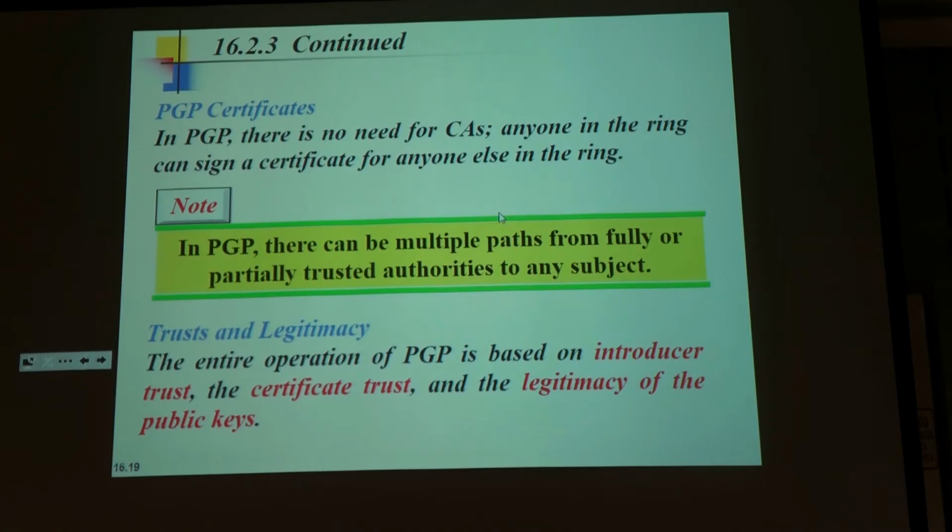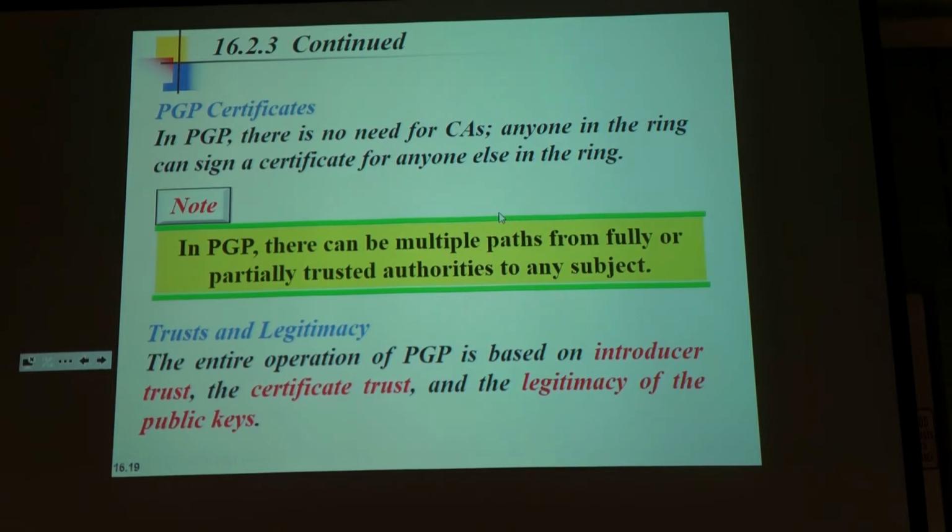Even in real life, we cannot fully trust everyone that we know. So to solve this problem, PGP allows different levels of trust. The number of levels is mostly implementation dependent. Microsoft uses a different PGP than Unix, but there are levels of trust.